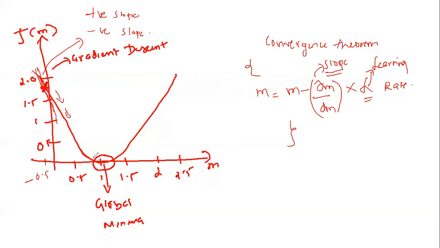Then your feasible M value is somewhere around 1. Now when you find out that this particular point has a negative slope, what you do is subtract from M, and whenever you take a negative slope derivative, you will be getting a negative value. And this alpha or learning rate will be a smaller value. I'll tell you why we have to select this as a smaller value.